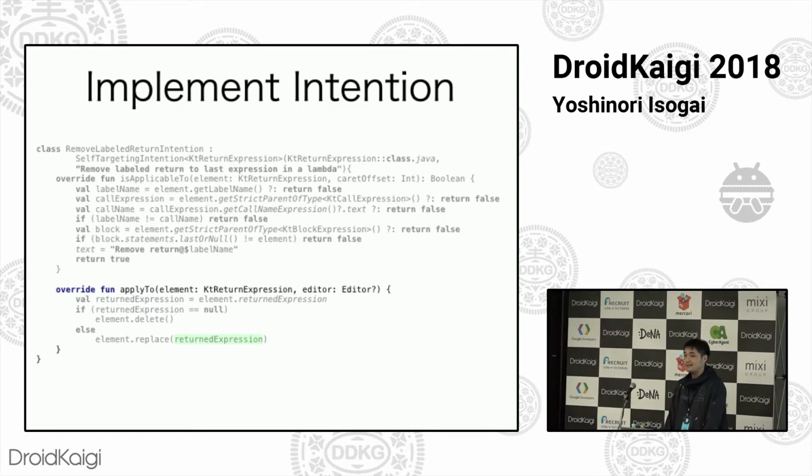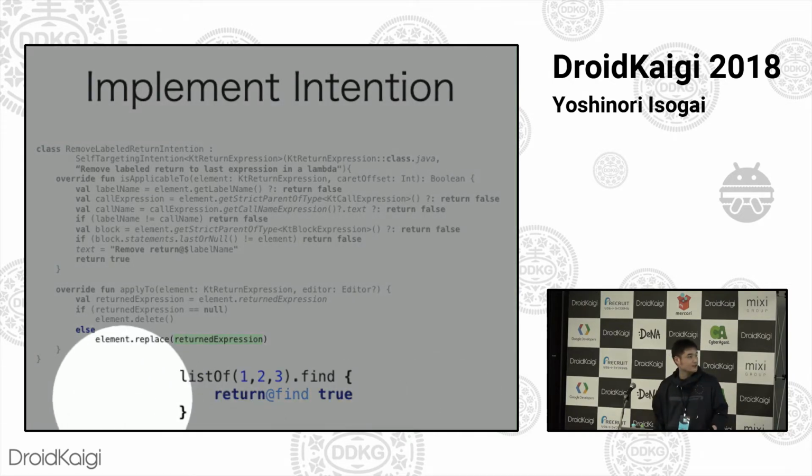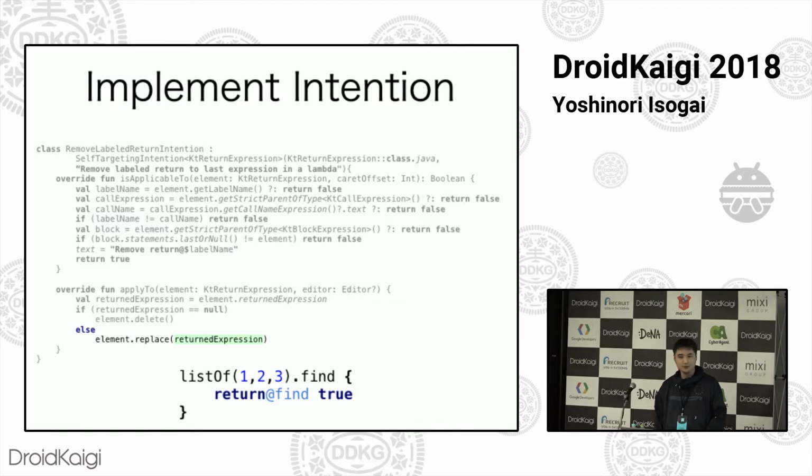And the next one is the applyTo method. Get the returned expression. Check if it is null or not. If not null, then replace the whole return expression with the returned expression. So in this case, replace return@find true with true, like this.